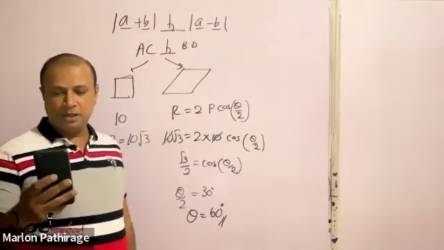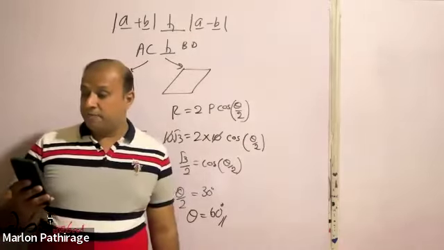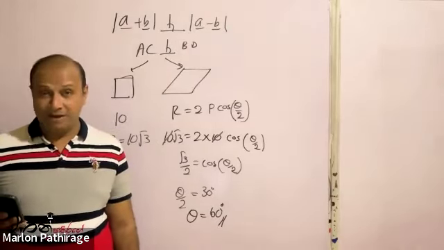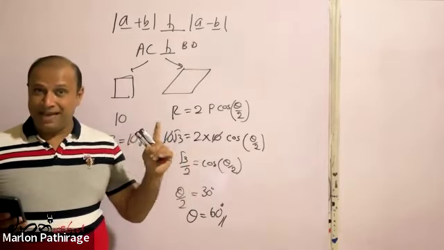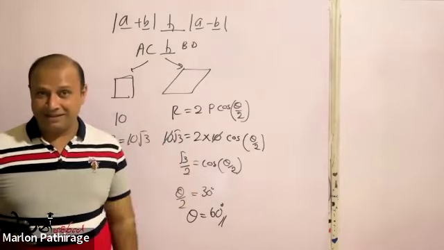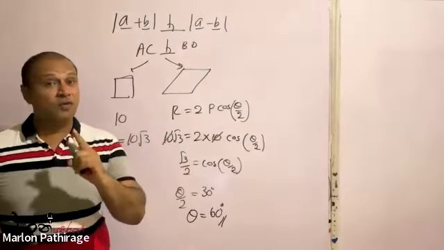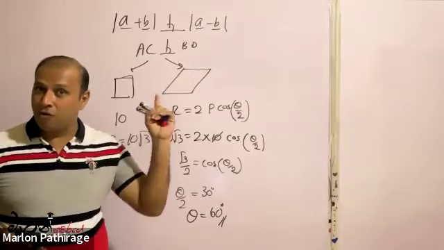Then let's look at the second one. Two non-zero vectors A and B are such that the modulus of A plus B is equal to the modulus of A minus B. That means the diagonals are equal in length. If diagonals are equal in length, the parallelogram is either a square or a rectangle.